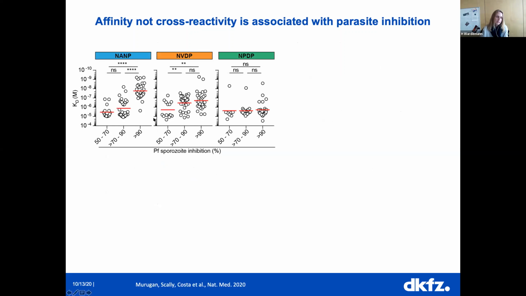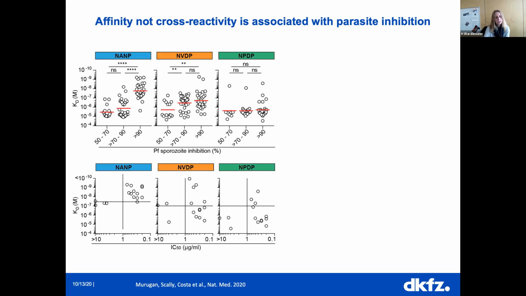And the one thing that discriminated is that high affinity to the NANP, the classical motifs, but not to the junctional epitopes, was linked to parasite inhibition, suggesting that this NANP is still a very important epitope, and that affinity to this rather than to the junctional epitope is relevant for parasite inhibition. We also determined IC50 values for some of the most potent antibodies, and observed the same thing here.